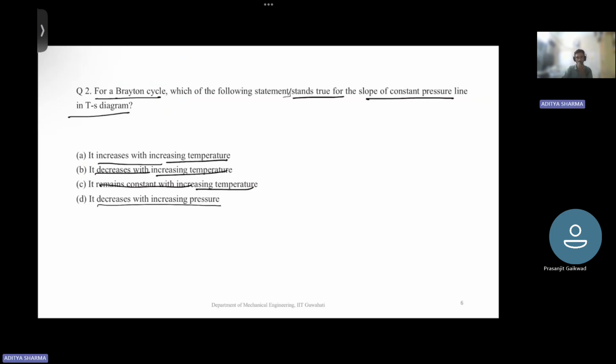Yes, so Prasanjit has answered A option. A is the correct answer to this question. Okay. Because as the temperature increases, its slope will increase.